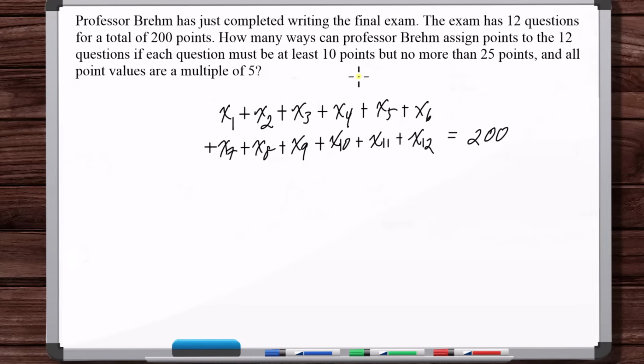But here we've got some restrictions. So there's a lower limit, that's pretty easy to deal with, where each question must have at least 10 points in it. And then we also have the point values are a multiple of 5. So what we can do with the point value restriction is think about this bag of tokens that are worth 5 apiece.